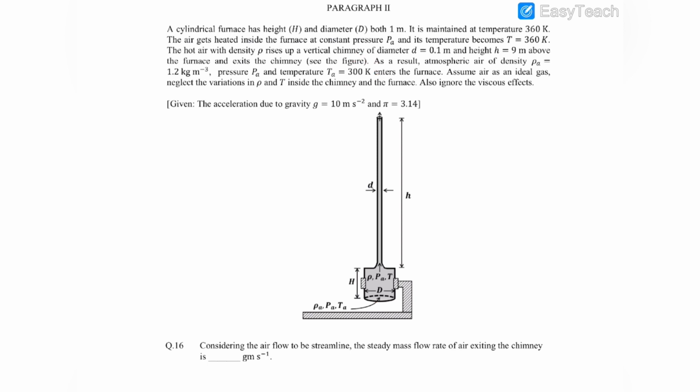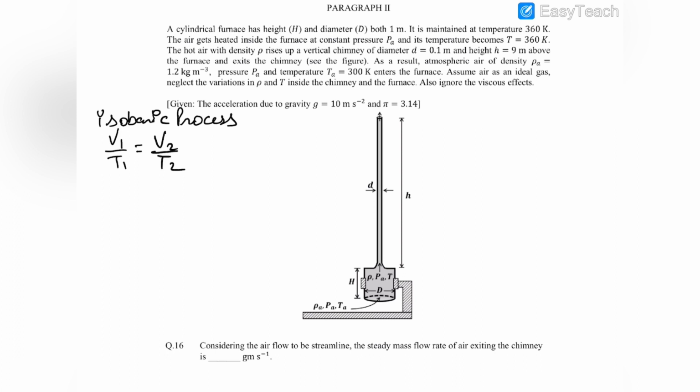Now the heated air is moving up and it is leaving the chimney from this end. We have to find out the rate at which the mass of air would leave from this end. So let us first of all find out the density of the heated air. We know that this is an isobaric process, and the equation of an isobaric process is V1 by T1 is equal to V2 by T2.